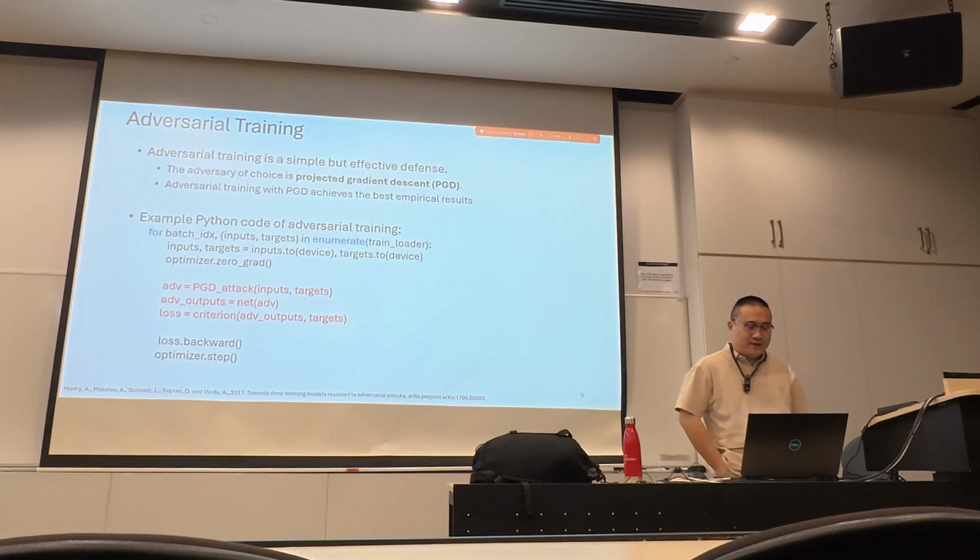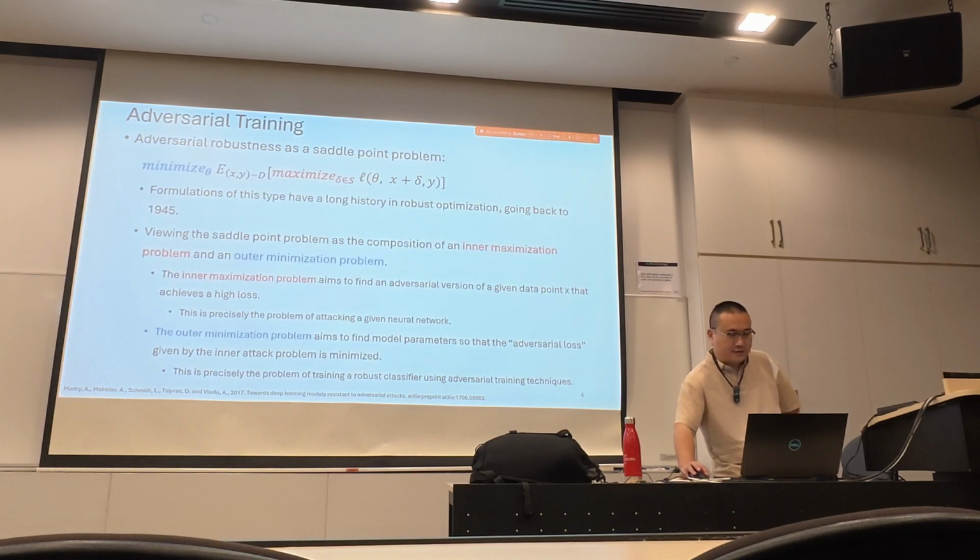So let's see how we can implement adversarial training. Adversarial training itself is a very simple and effective defense. Basically, when we train the model, we also need to generate the attacks. So we don't train the model on clean input, instead we train the model on attacks.